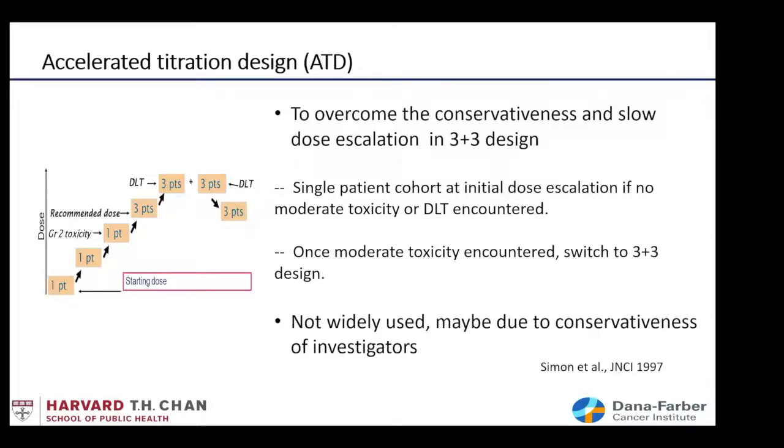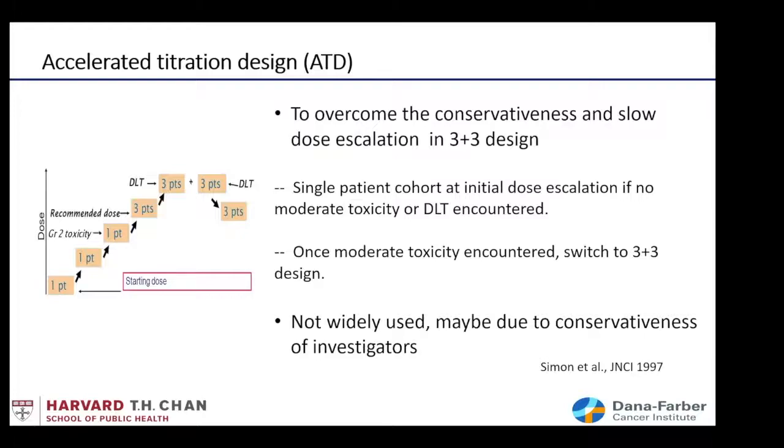This design was proposed but never really became popular. I think maybe once we see the initial dose escalation with 1 patient per cohort, the clinician gets a little bit panicked about the aggressiveness of early dose escalation. However, I included this design because I think this idea of early aggressive dose escalation inspired the ideas in the Bayesian design we will talk about later.